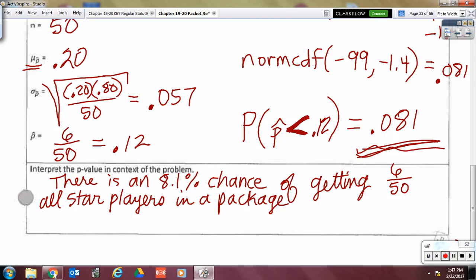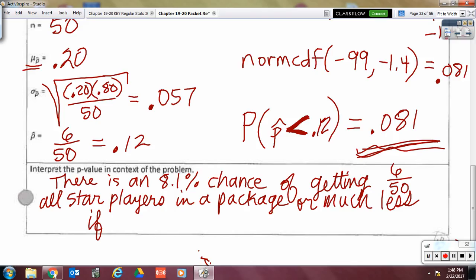If we're worried about them being too small an amount, then it's going to be that many, and more extreme is much less. So let's see. 8.1% chance of getting this sample of all-star players in a package, or much less. Okay? If the null is true.